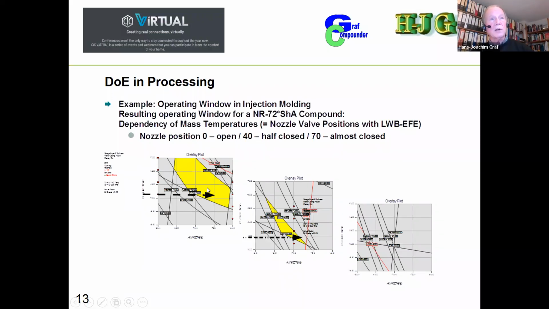You can either close your operating window, or if you go from this side, you can open your operating window and have the possibility to select the shortest and most energy efficient cycle time for your machine. So that is really, I think, a procedure which is easy to follow, and it gives you a lot of benefit and advantage.